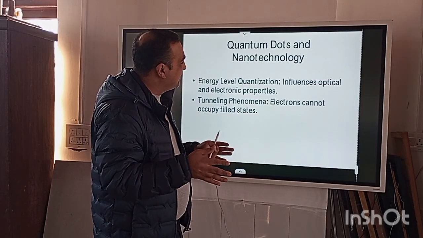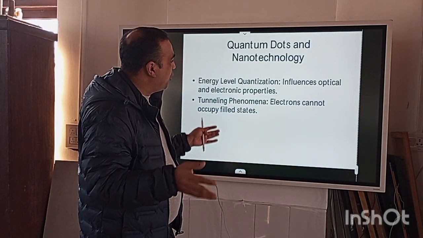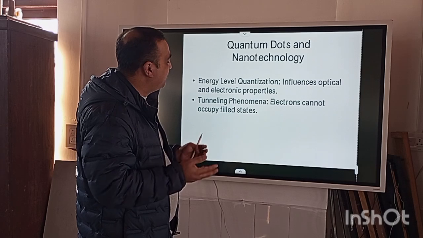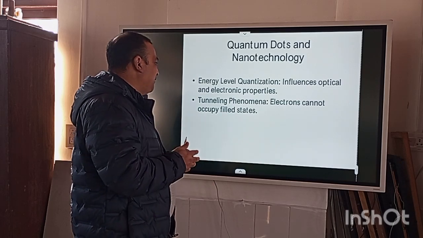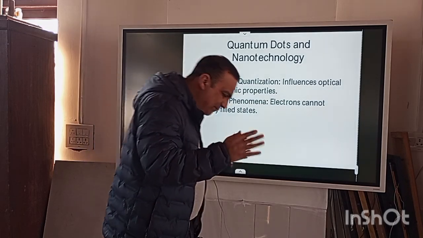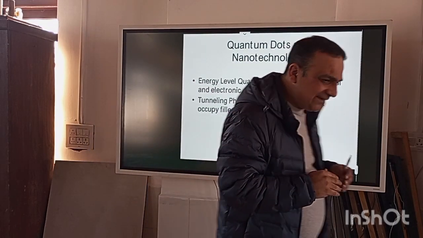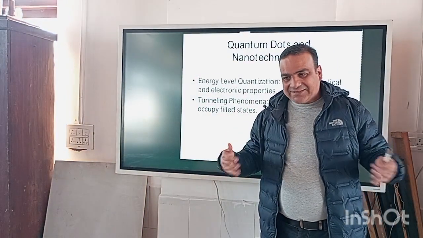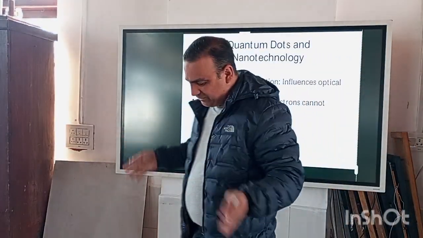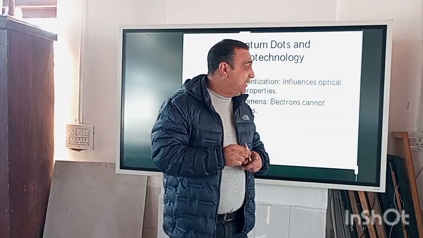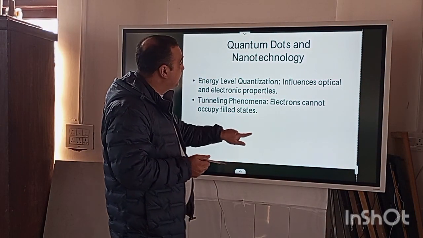It influences the optical and electronic properties of these quantum dots, and also the tunneling phenomenon, where an electron has a probability of tunneling through a barrier, which is not possible in the classical domain.